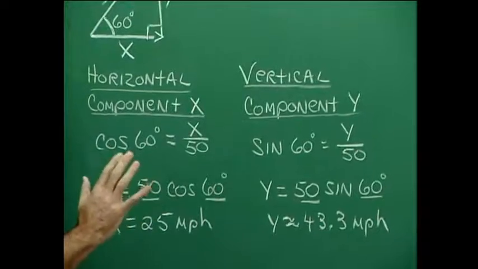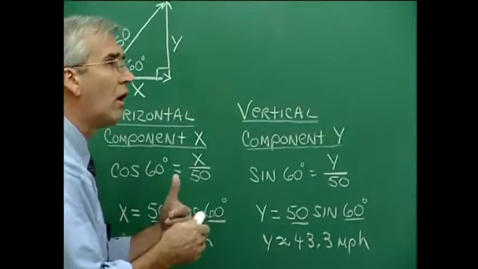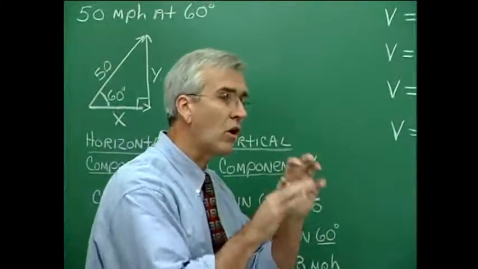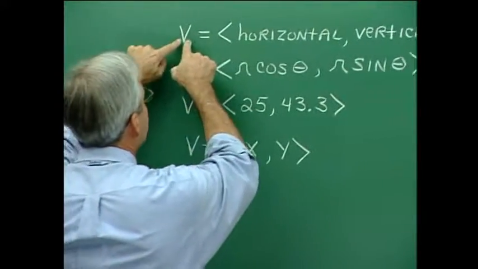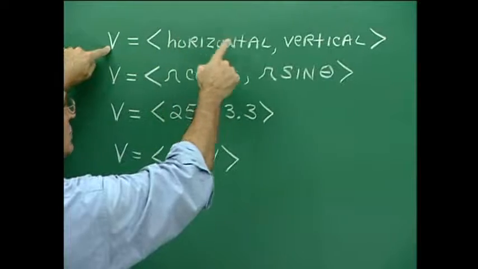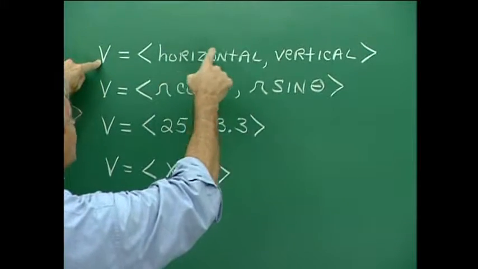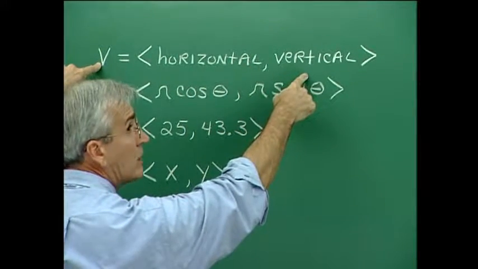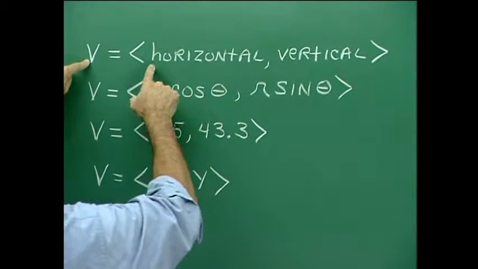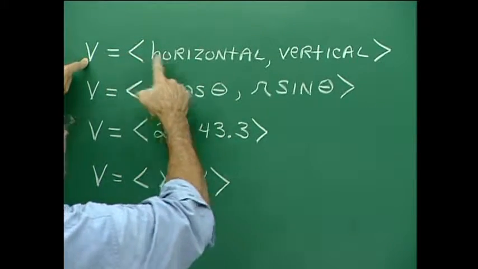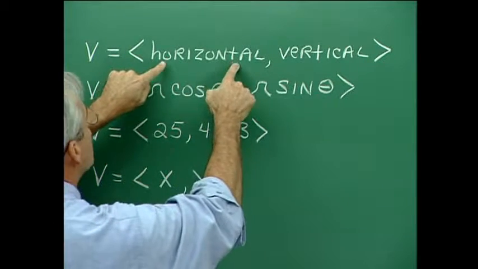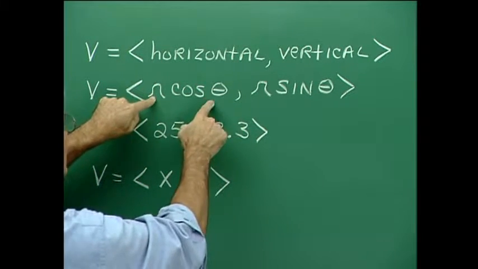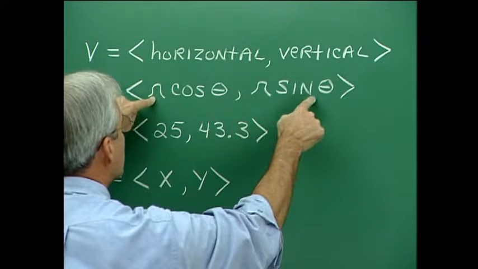Now let's talk about some notation. Here's how vectors are given or written a lot of times. A vector can be written in its component form, in its form of horizontal and vertical components, like this. Now, notice the notation of this little symbol on either side here. The horizontal component is r cosine theta. The vertical component is r sine theta.